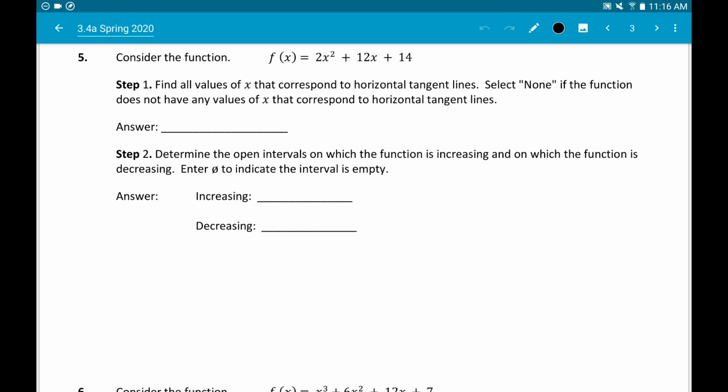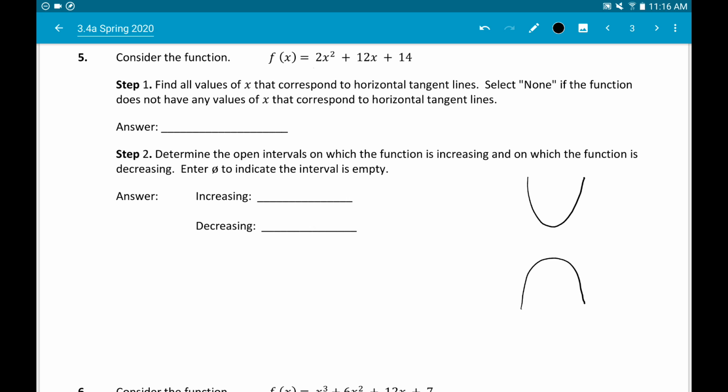One thing you may want to remember from algebra is quadratic functions. Notice our biggest exponent right here is a 2, so this is considered a quadratic function. Quadratic functions, their graphs were parabolas, so they either looked like that or they looked like that.